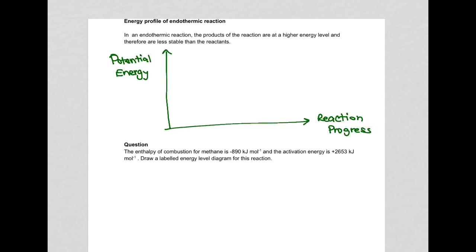If we now look at the energy profile diagram of endothermic reactions, I will again start with my axes. Because you have energy that is absorbed from the surroundings, you're going to have reactants at a lower level and products at a higher level. I will connect them using the peak, and you will have activation energy that goes from the level of the reactants to the peak.